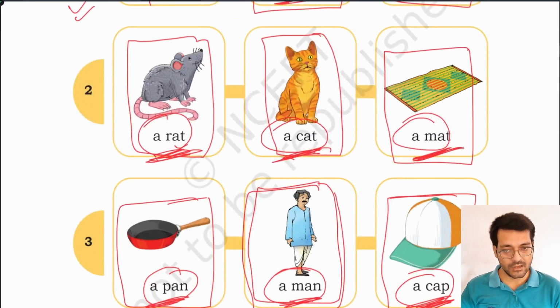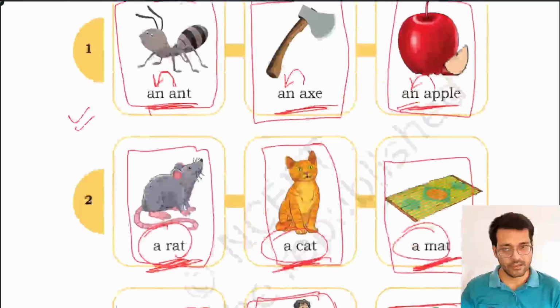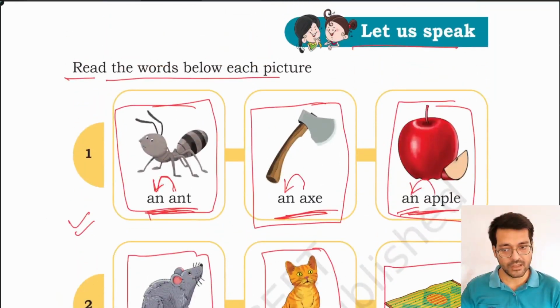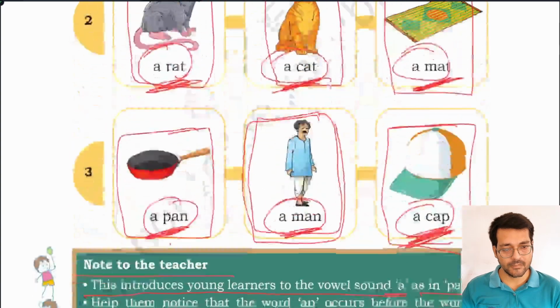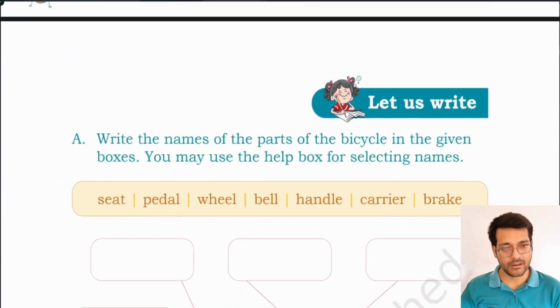Otherwise, a should be written there. For example, ant starts with the sound A, so an is written before ant. Similarly, an axe, an apple. Sounds matter here.